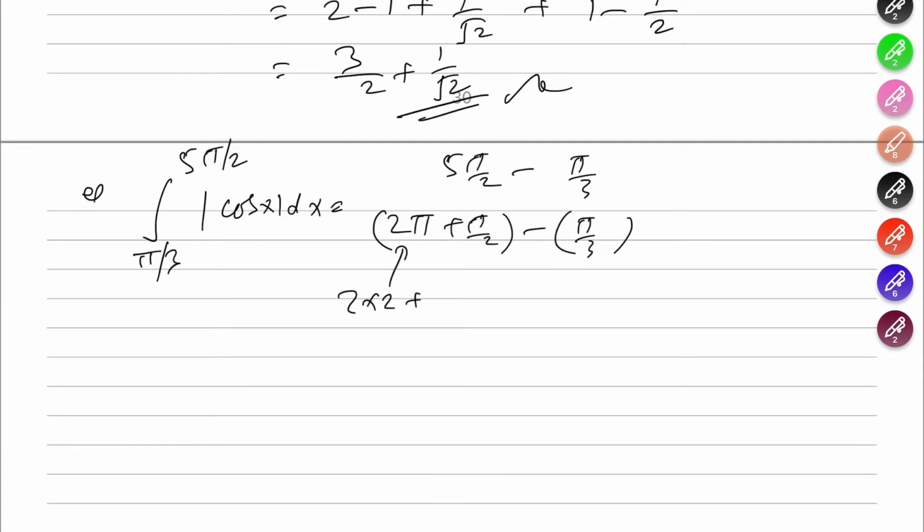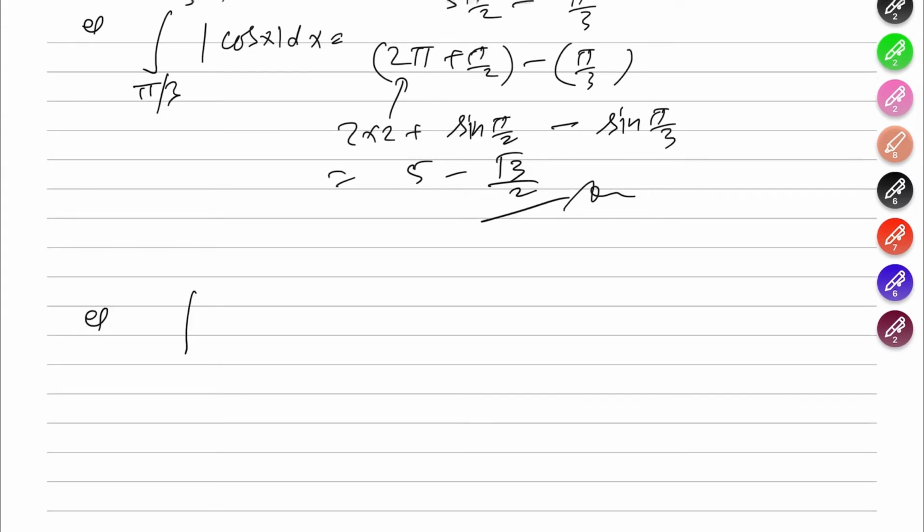So 2 pi means 2 into 2, and pi by 2, since it is a cos function, we have sine pi by 2 minus sine alpha, because its integration will be sine alpha, and alpha should be between 0 and pi by 2. Here pi by 3 is between 0 to pi by 2, so it becomes sine of pi by 3. So that becomes 4 plus 1, 5 minus root 3 by 2. So that is the answer.